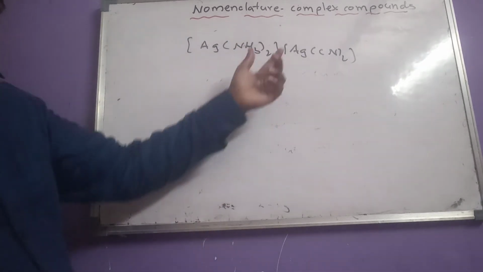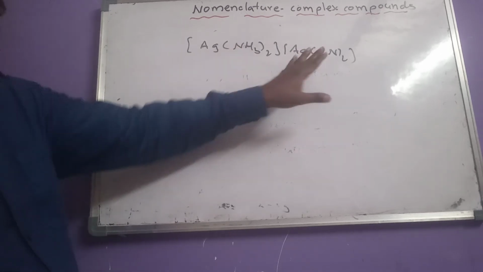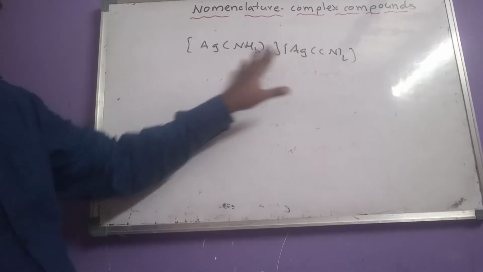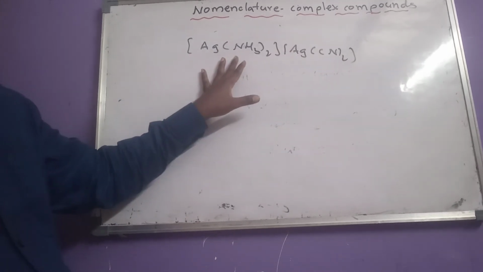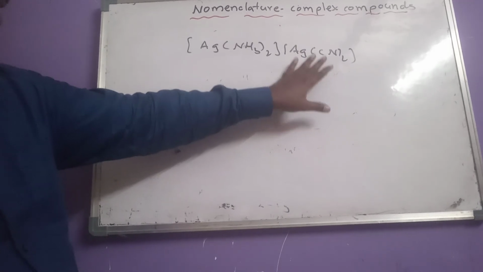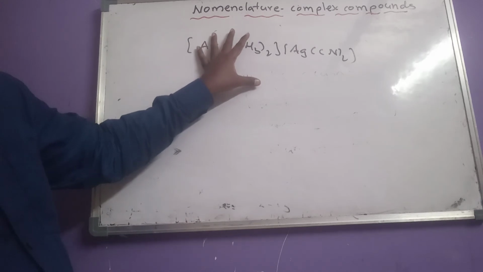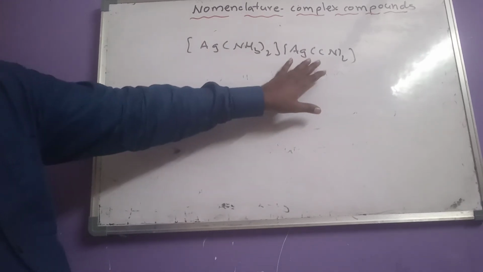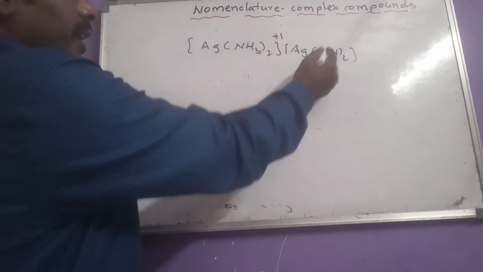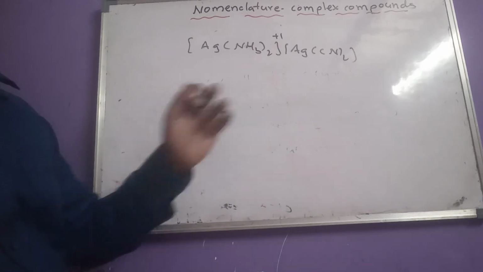Another thing: this should be considered as a counter part, and this should be considered as a coordination pair. It is an ionization pair. We have to treat this as a coordination pair. As this coordination pair contains one ionization pair, this becomes, as already given, +1 charge. That means this should be taken as an anionic complex.